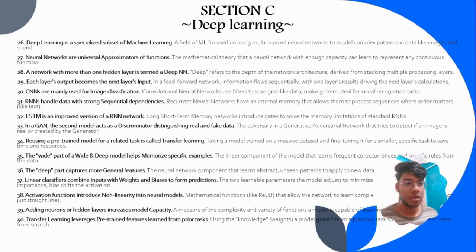Question 29 is about the flow. Imagine a bucket brigade putting out a fire. The first person passes the bucket to the second person. A neural network works the same way. Not exactly passing buckets, but the flow of work is the same.